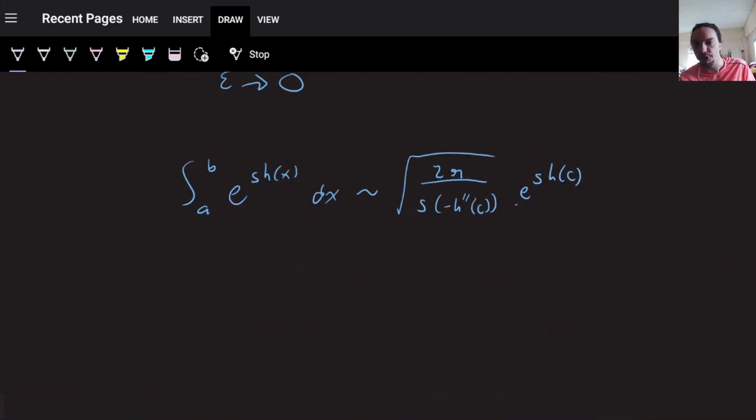And remember, again, we just got rid of those things by shifting the function and by shifting the max to 0, okay? So this is the proof of method of steepest descent. I was a little bit shaky with some things. If you want a more clear proof, you can look at the page for method of steepest descent or Laplace's method on Wikipedia. It gives a very, very detailed proof, which takes a lot longer to do. Okay.